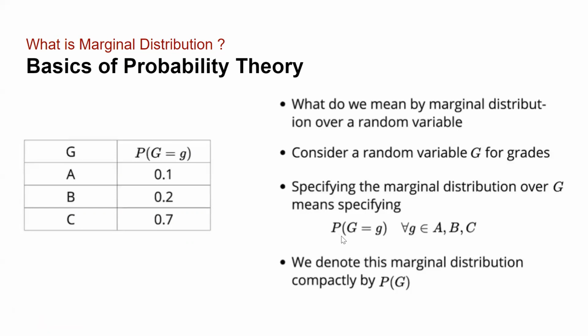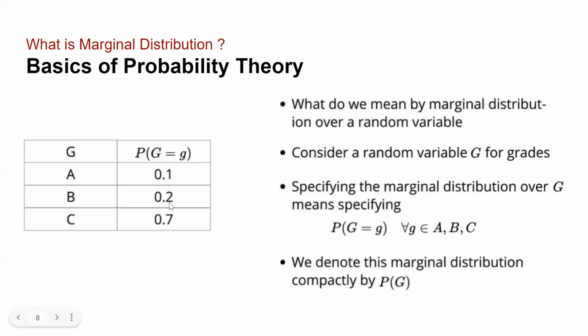It says the probability of my grade equal to g. G can take any value: A, B, or C. This one line is a compact notation of this table, where my value can be either A, B, or C, and these are my corresponding probability values.